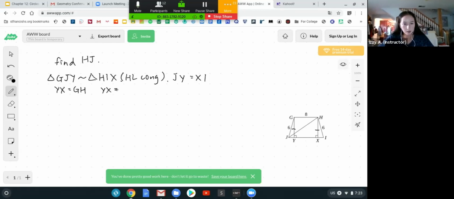I'll just write it here. And GY, which is equal to XI, is going to equal (10 minus 8) divided by 2, which is equal to 1. So there's GY and there's XI, and then I just did simple math there.